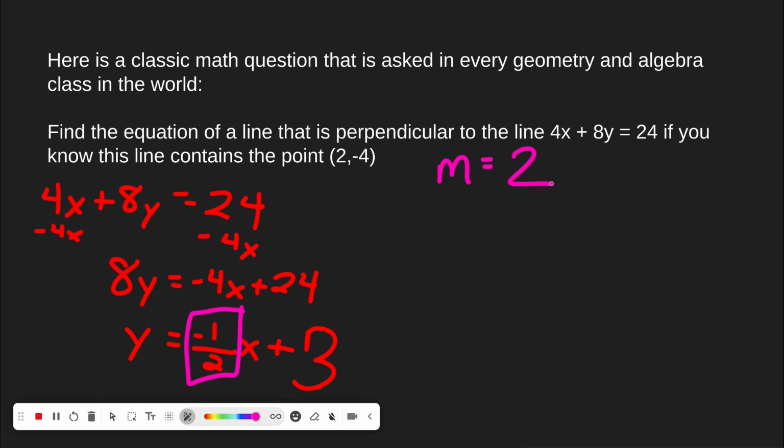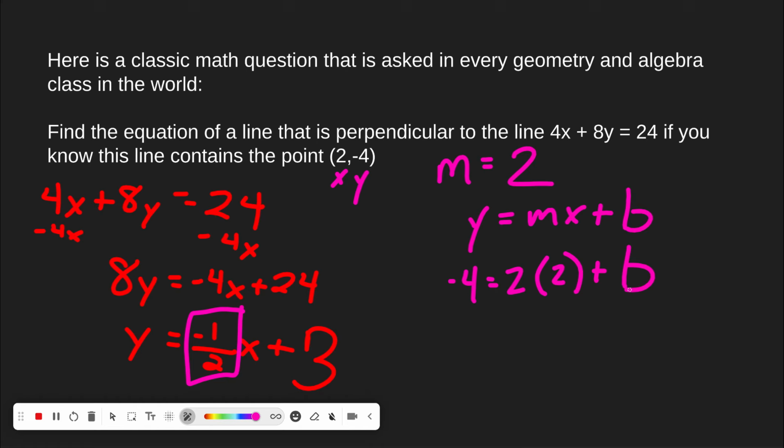So now we know the m is 2, but we also know the x and y. So anytime you get here, just write y equals mx plus b. We know our m. We're trying to find our b. Does everybody understand that? Well, y is negative 4, m is 2, x is 2.